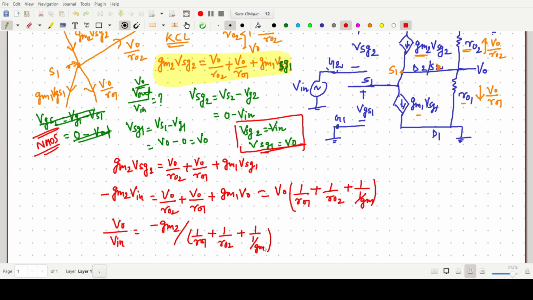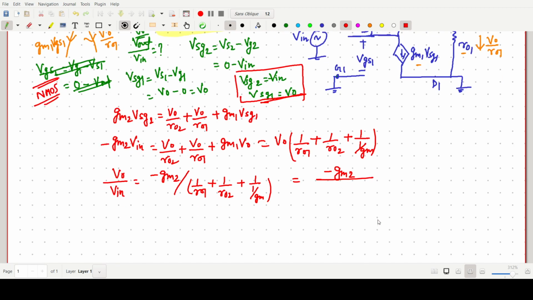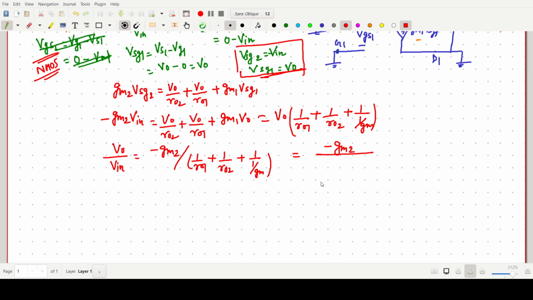Now this expression for the gain can be written as, because the option is given in terms of R naught 1 parallel R naught 2, we can write R naught 2 plus R naught 1 into R naught 1 R naught 2 plus 1 upon 1 by gm.